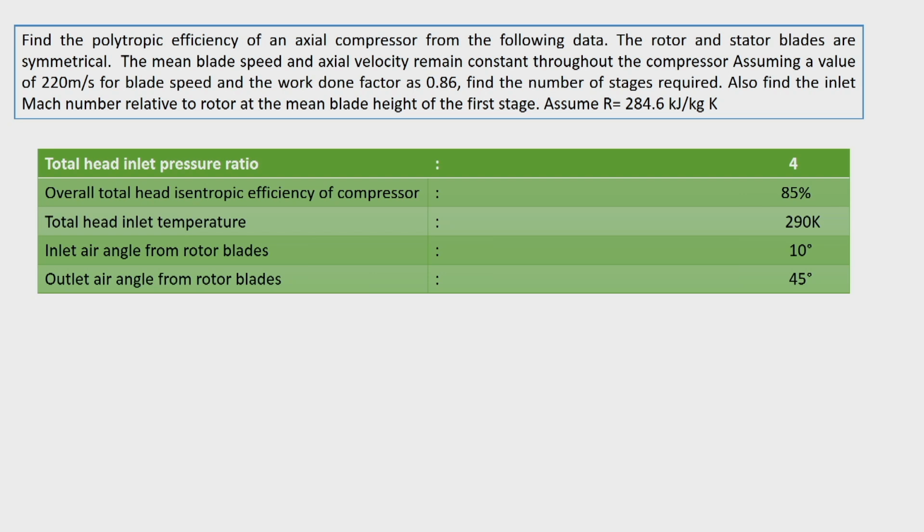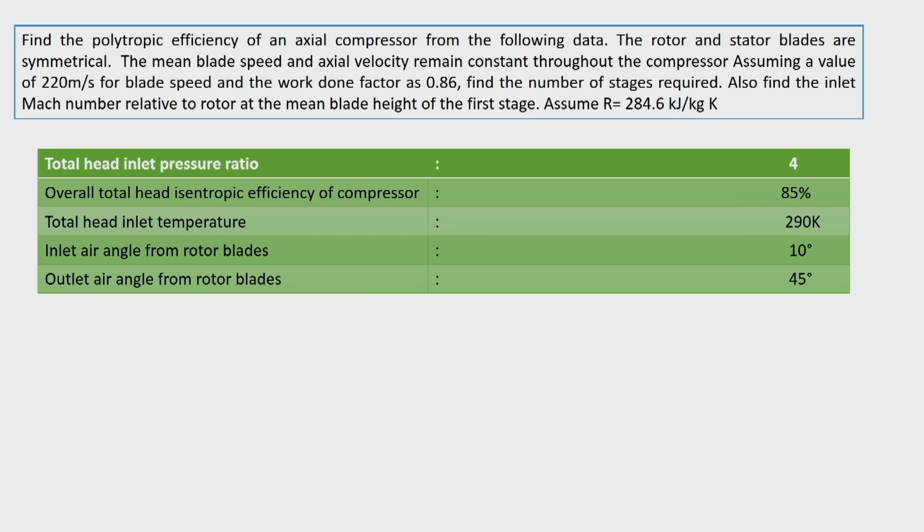Mean blade speed and axial velocity remain constant throughout the compressor. Assuming a blade speed of 220 meter per second and the work done factor to be 0.86, find the number of stages required. Also find the inlet Mach number relative to the mean blade height of the stage.